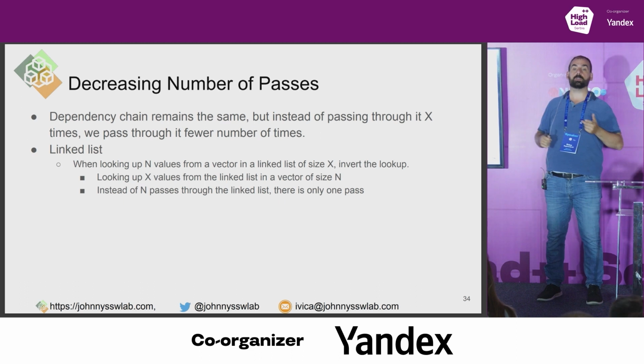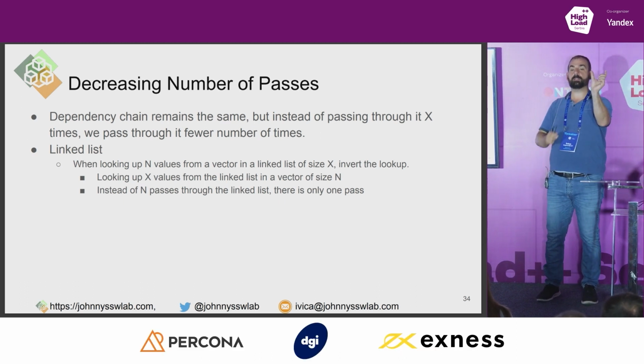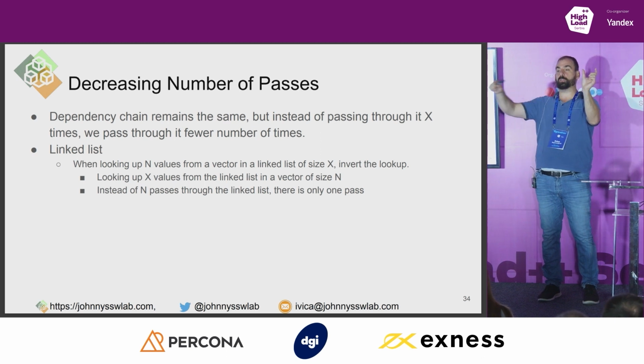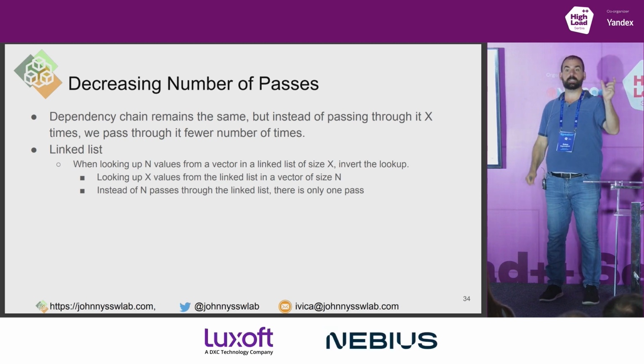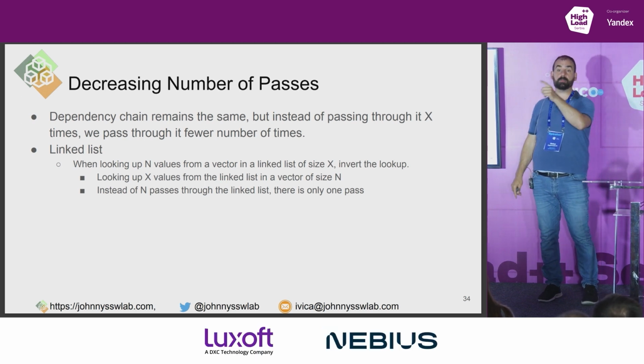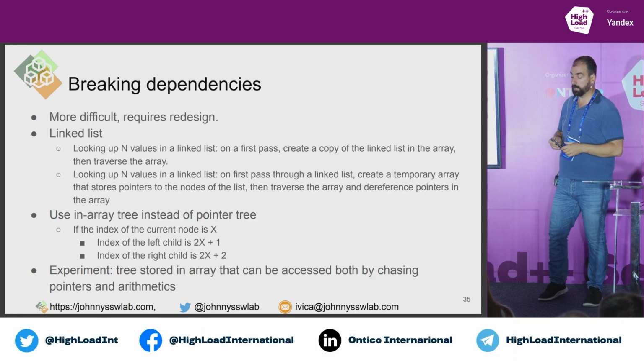Now you can invert the lookups. Instead of taking a value from the vector and going through the linked list, you take a value from the linked list and look it up in the vector. Lookups in the vector don't have problems with dependency chains. They're much faster. This is one way to solve it.